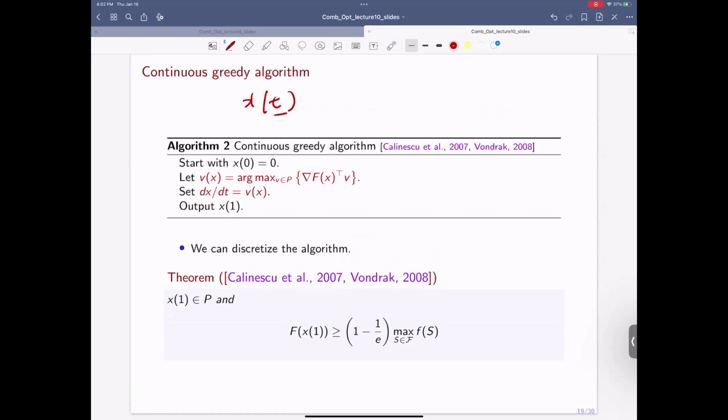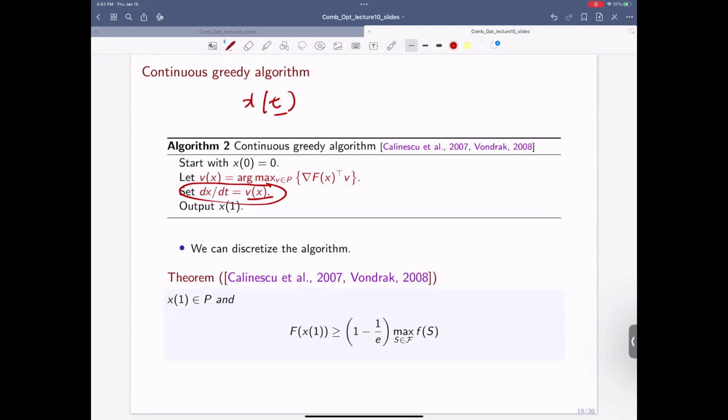It goes from 0 to 1. My initial solution is x sub 0, and I stop when t equals 1. Then x of t is given by this differential equation. The rate of change at time t is given by this function v of x.